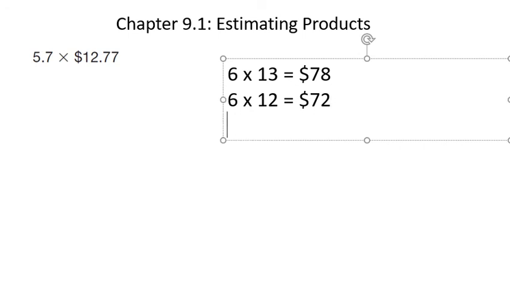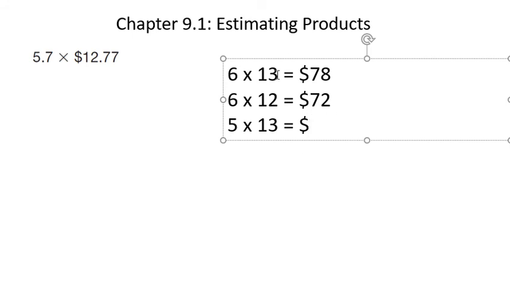But let's see if we do it a different way. What if I took my 5.7 and rounded that down to 5, and I'm going to round my 12.77 up to 13? Let's see if this gets us any closer. So 5 times 13, once again, we can do this many different ways.